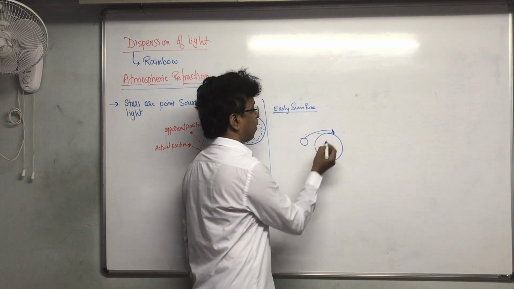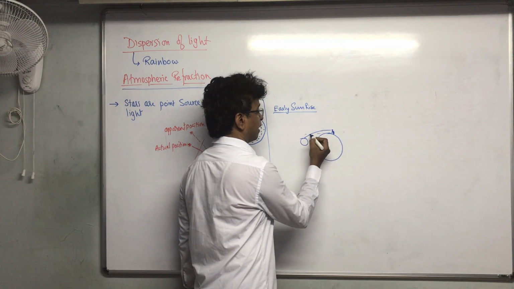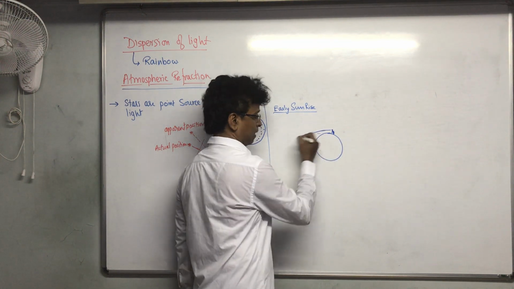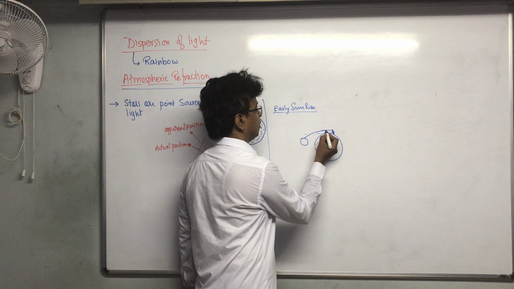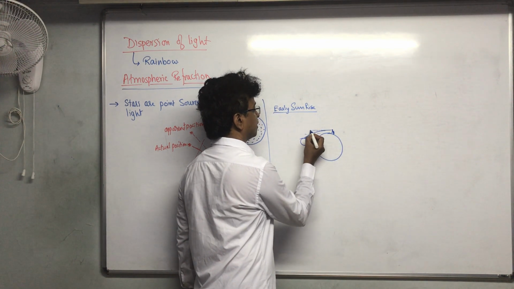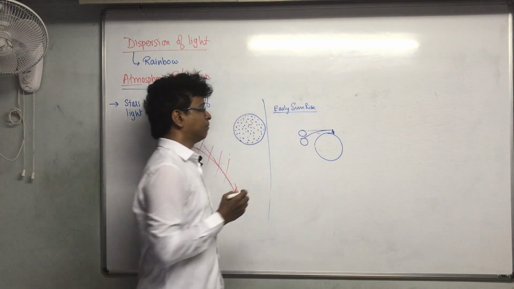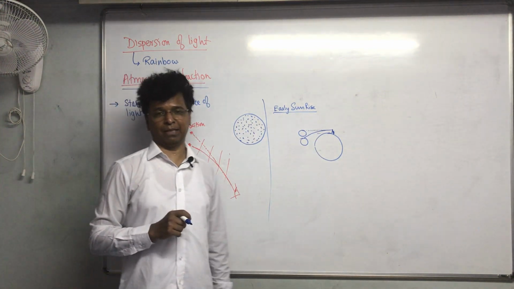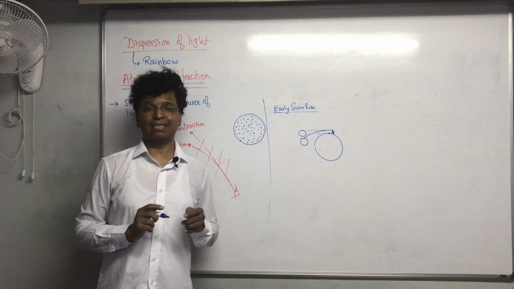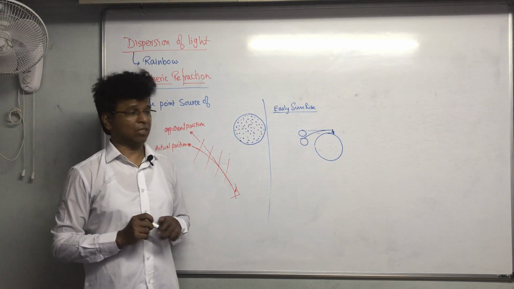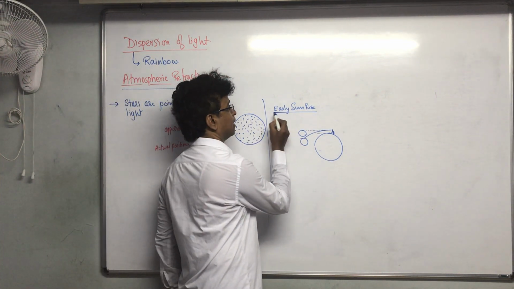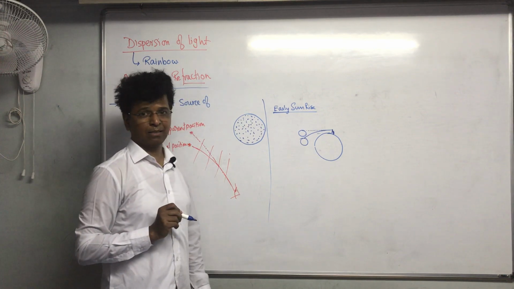Though the rays of light have reached his eyes, he will appear to see the sun over here. For him, sunrise is taking place, though it is actually not. So that's why we say this is an early sunrise.